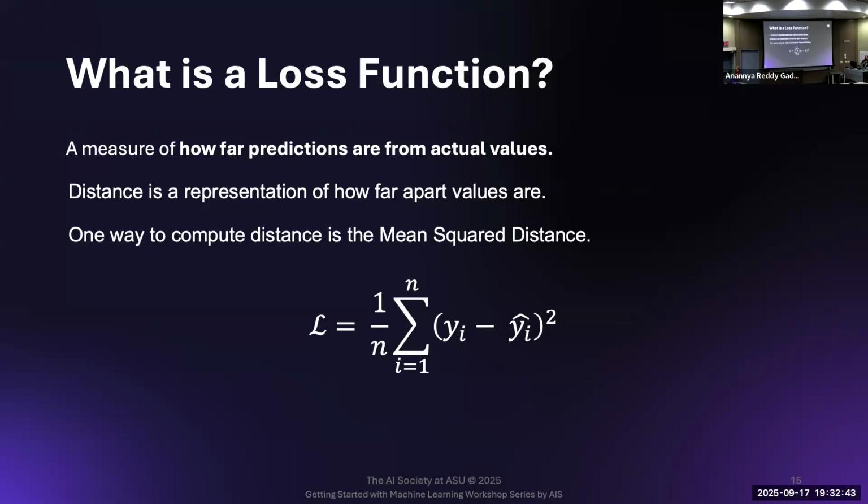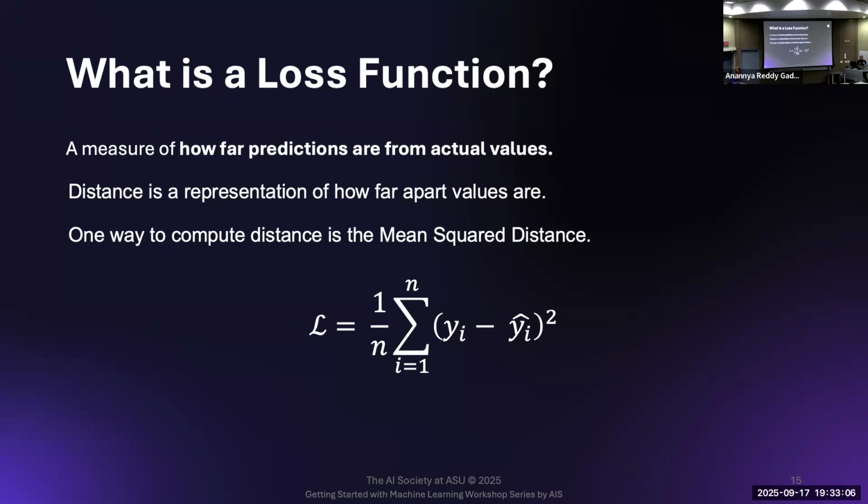We sum it over all n data points and divide by n. So that's how this equation came: L equals 1 divided by n, summation of (yi minus yi hat) whole squared.